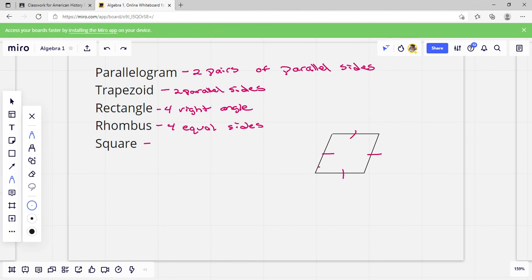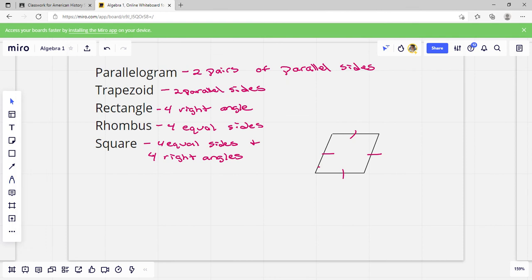A square is a rhombus with 4 right angles. So it's going to have 4 equal sides and 4 right angles. Okay, so let me turn that into a square instead of a rhombus. We can go up there. There we go. Nope.